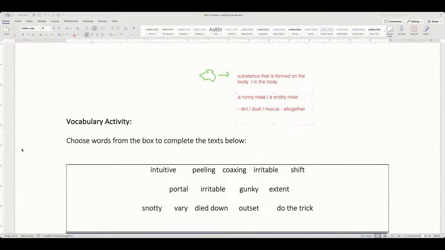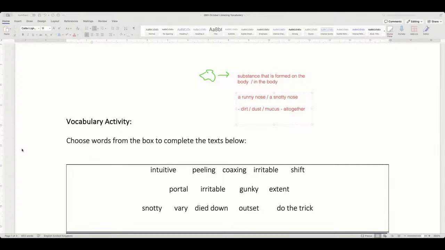What's the difference between snob and snotty? To be snobby means that you think that you're from a better class, or you've got more money. Snotty can be anybody. This person's got exactly the same amount of money as me, exactly the same class as me, but I'm just being snotty because I don't like them.